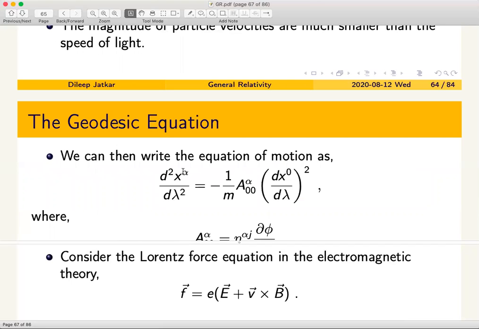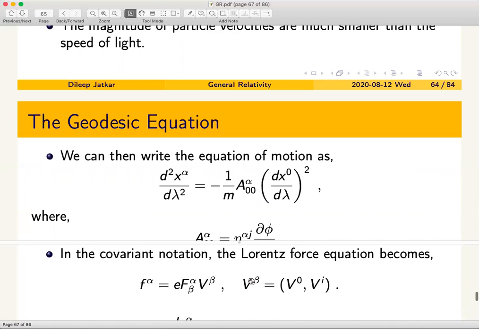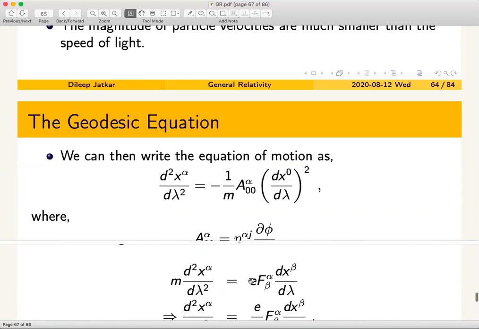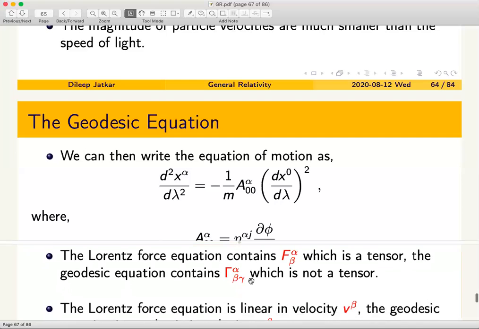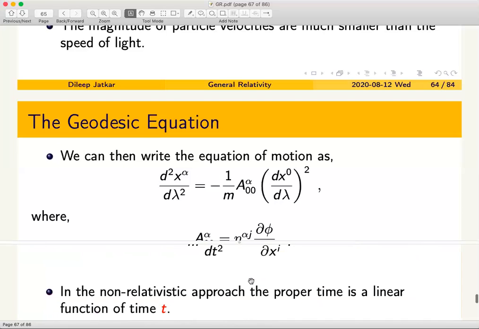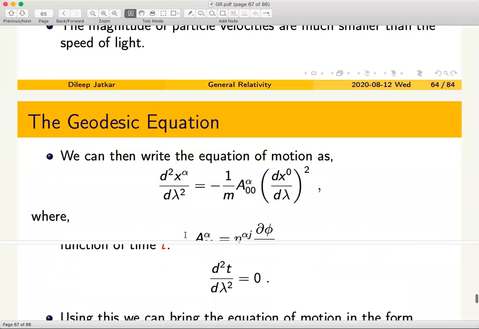Now remember, the x naught piece in the non-relativistic limit would vanish anyway, simply because the relation between t and lambda is supposed to be linear in the non-relativistic case. So we are adding nothing to the equation because this part is 0.